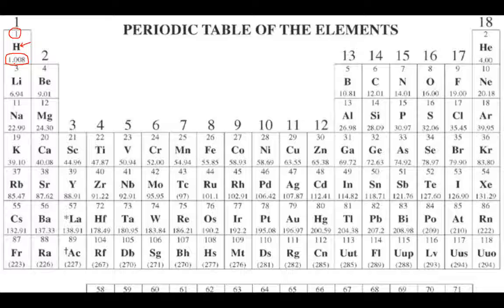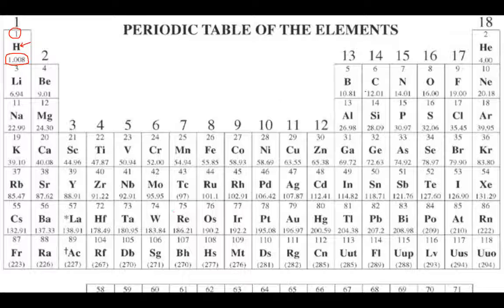But if we add all of those hydrogen atoms up together, find the average mass, so divide by the total number of hydrogen atoms, we would get 1.008, which tells us that almost all, like 99% of hydrogen, has a mass of 1. It's just made up of 1 proton and no neutrons.